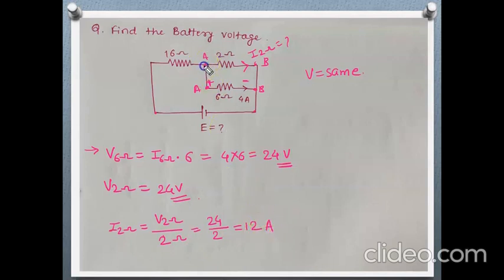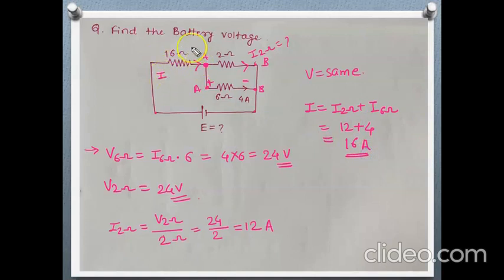Now this 12 ampere is flowing through the 2 ohm, and 4 ampere is flowing through the 6 ohm. Then what will be the current here? Total current I is I2 ohm plus I6 ohm. I2 is 12 and 6 ohm is 4 ampere, so the total current flowing through the circuit is 16 ampere.